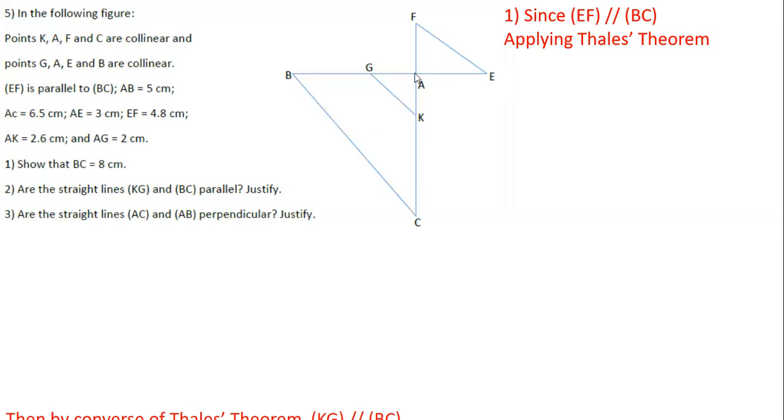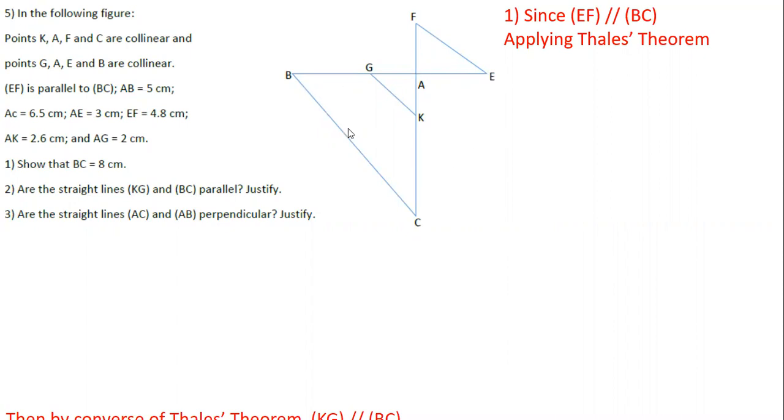Take the second side: equal to AE over AB. Take the third side: equals FE over BC. Again, Reem, please repeat it. Start with A. AF over AC is equal to AE over AB is equal to FE over BC.